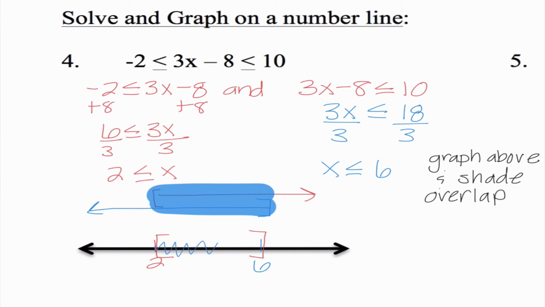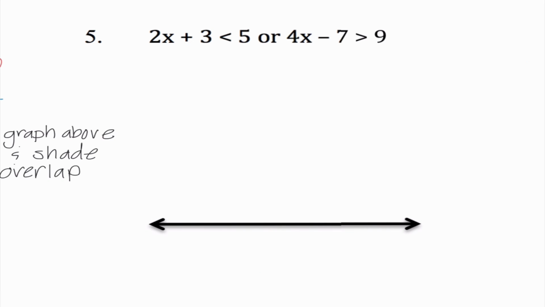So I'm going to shade everything in between. If we were going to write this in interval notation, I would say 2 to 6 is our solution set, and that would include 2 and include 6.